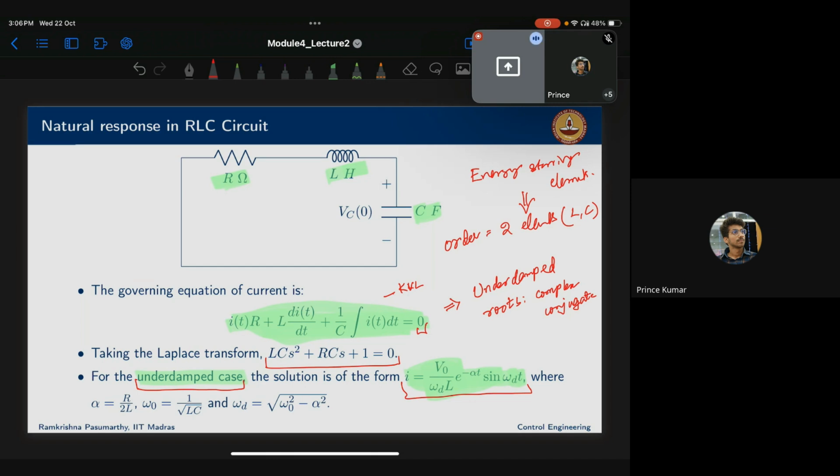When the roots are complex, that means the values of L and C are such that if we find the roots using the regular quadratic formula, minus b plus or minus root of b square minus 4ac by 2a, the roots are complex conjugates, so that comes under the underdamped case. This is the solution format.